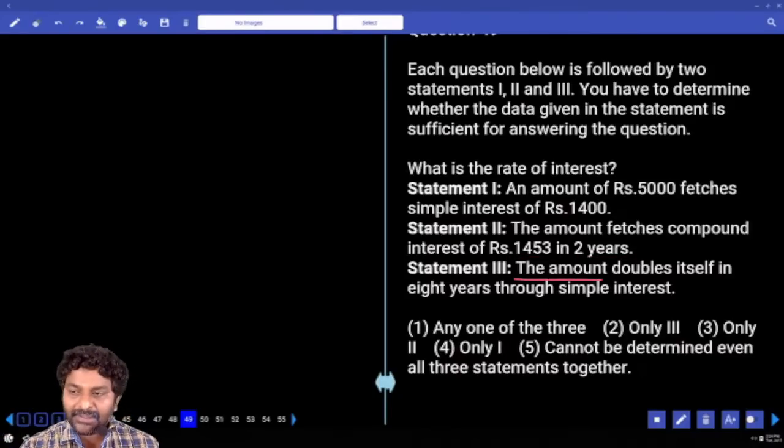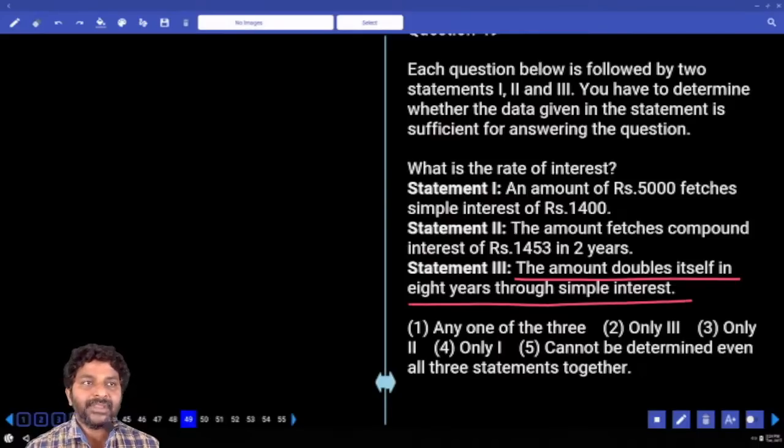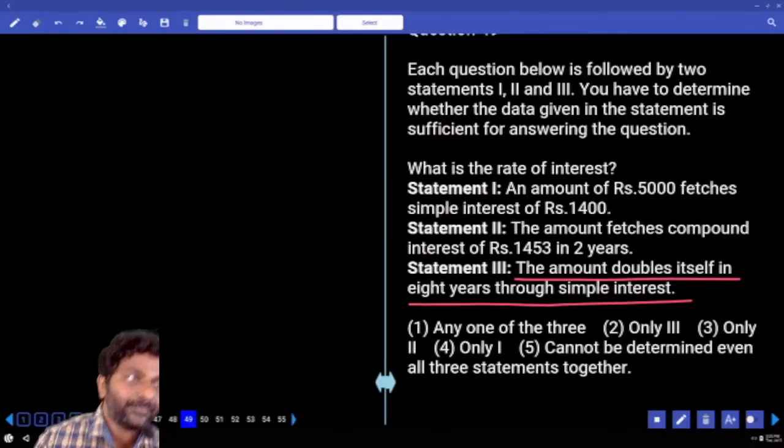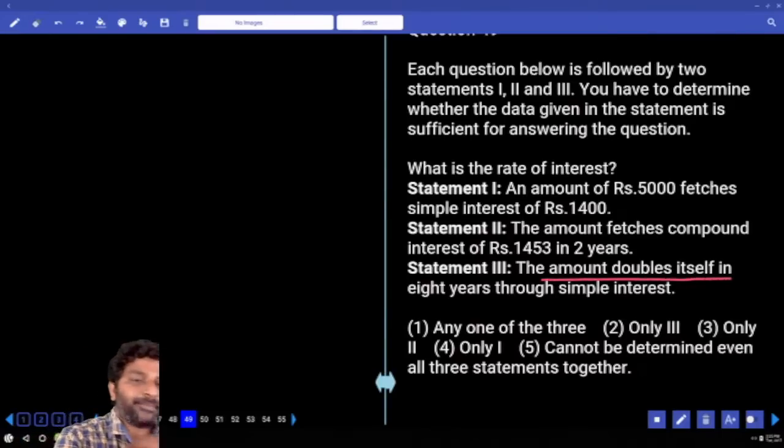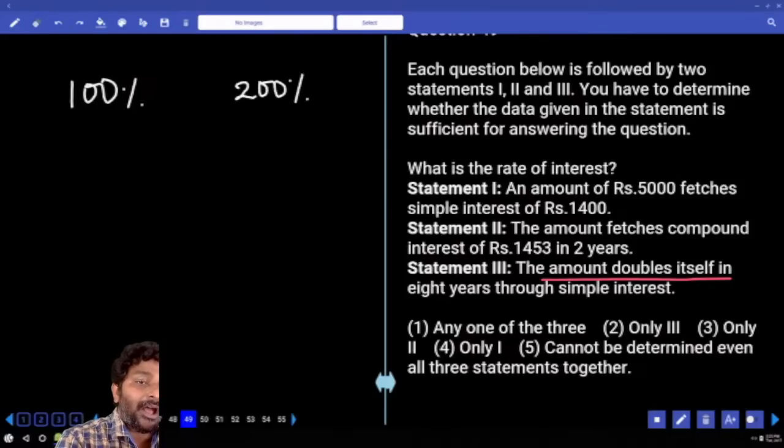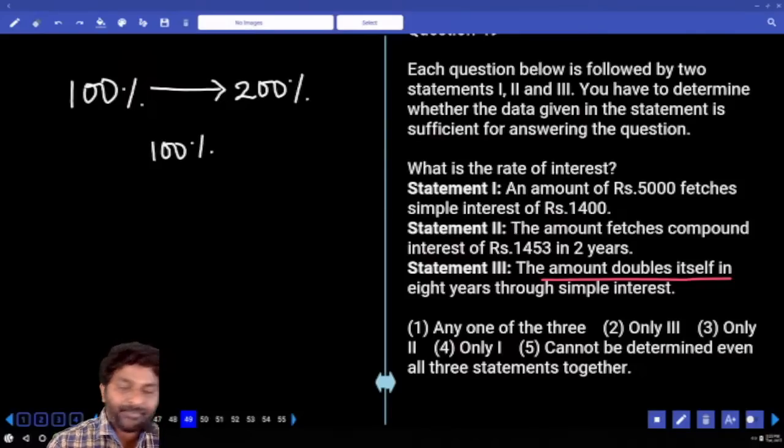Next. The amount doubles itself in 8 years through simple interest. Is the third statement alone sufficient to answer the question? Yes, it is sufficient. Amount doubles itself. That means if you invest 100, it becomes double, so how much interest is obtained? 100% interest is obtained, correct?